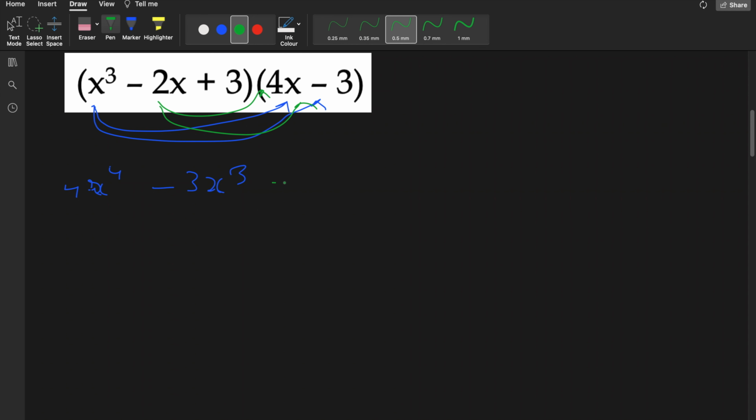So this would give us minus 8x squared plus 6x. Then the final term, that's 12x minus 9.